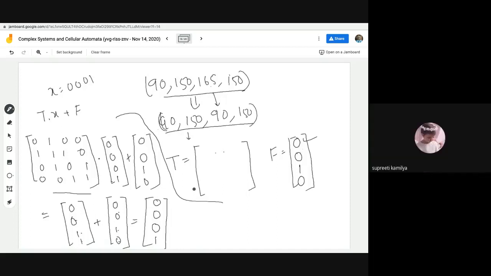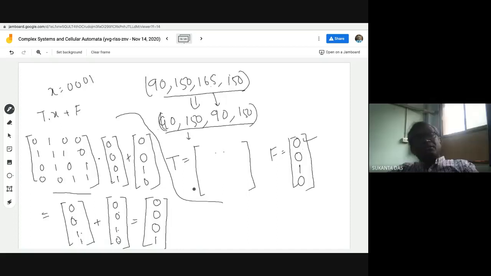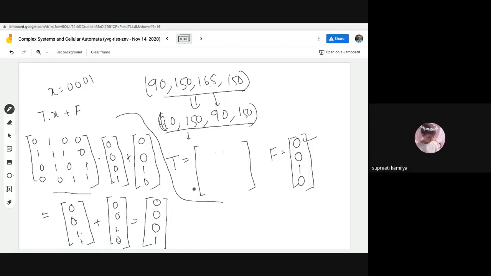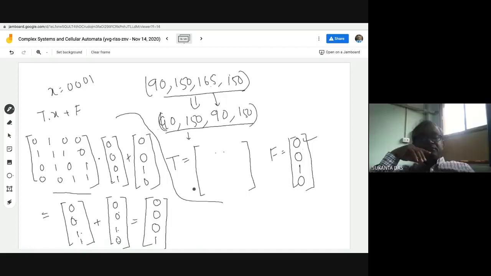Sir, in case of three or more states, all the operations will be done under mod condition, right? Good question. When we talk about a vector space, we have to consider some underlying field.